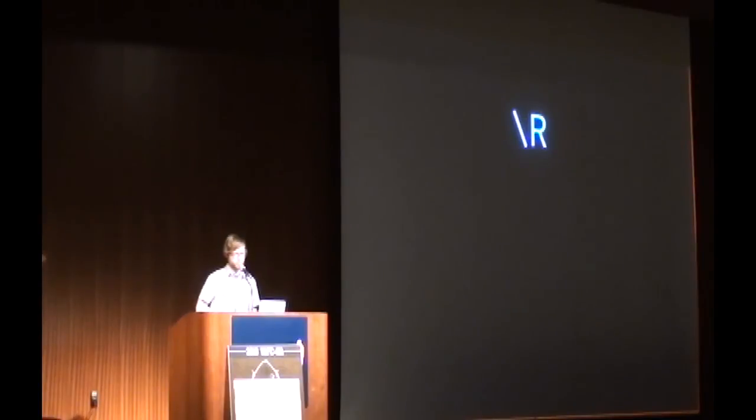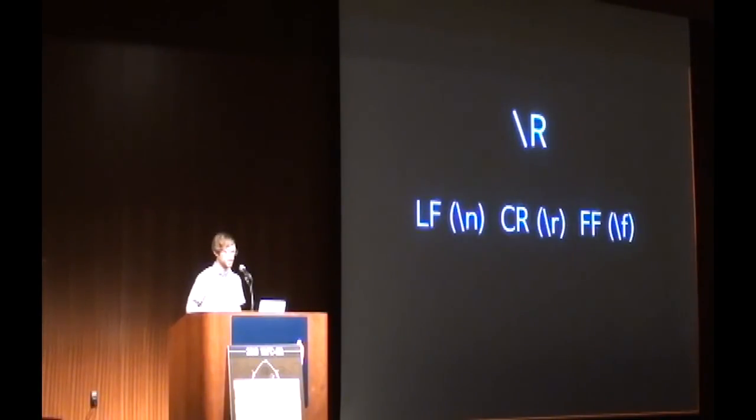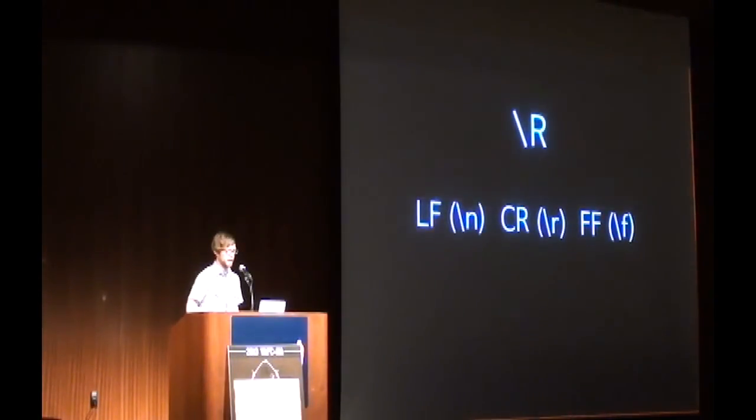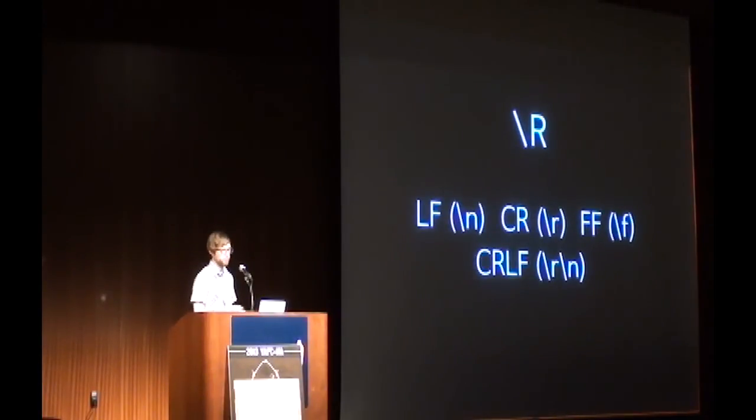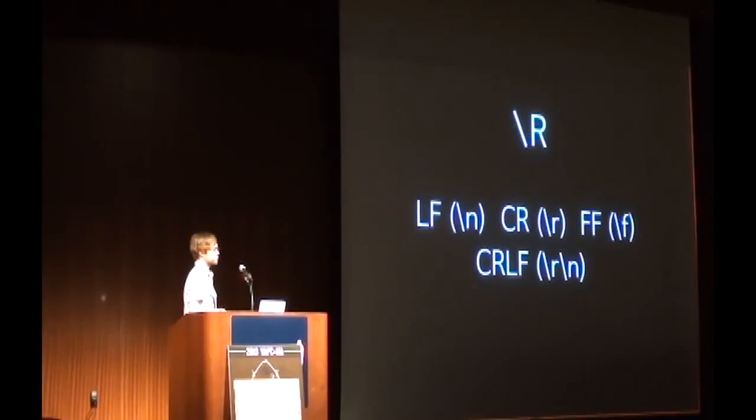And here's one that many folks may not have seen. We know \n is for the new line, but this is any line ending. So it matches LF, matches CR, form feed, as well as CRLF, which interestingly, it's matching CRLF all as one match.